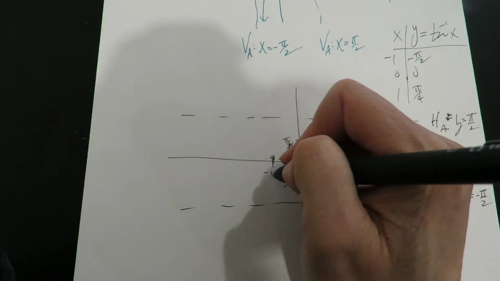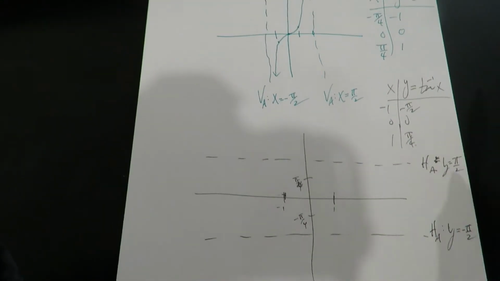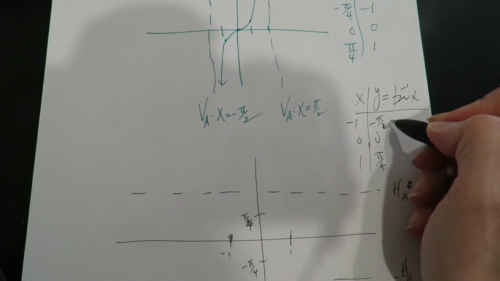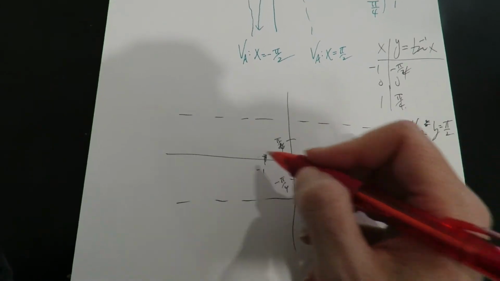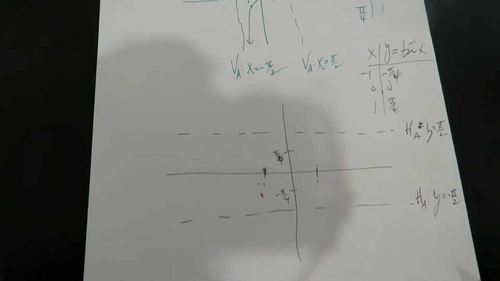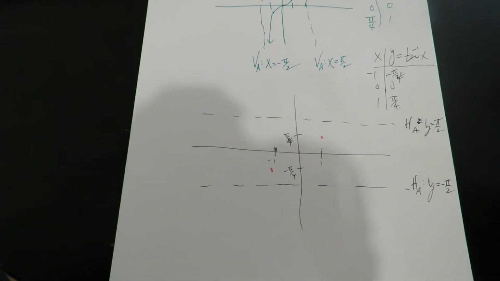Okay, so this 1 is negative. Okay, I'm good to roll now. Oh, I need to write pi over 4 here with the wrong guy. Okay. So at negative 1, we're at negative pi over 4. At 0, we're at 0. And at 1, we're at pi over 4.